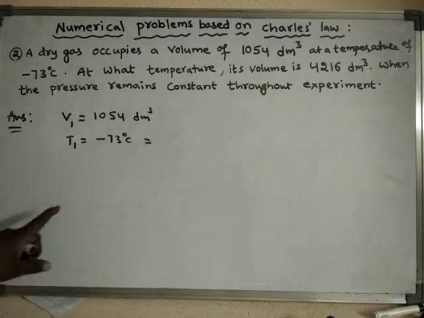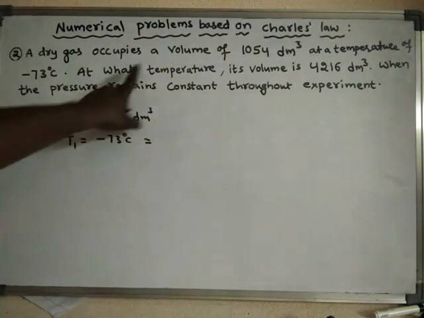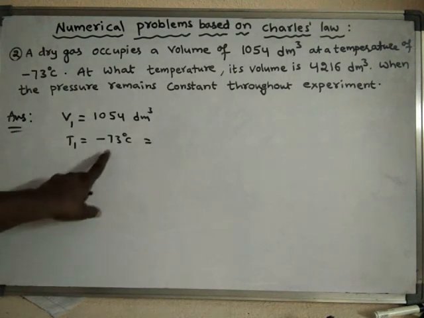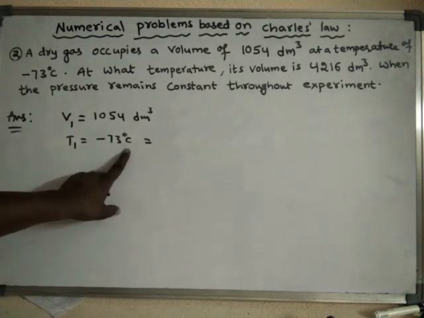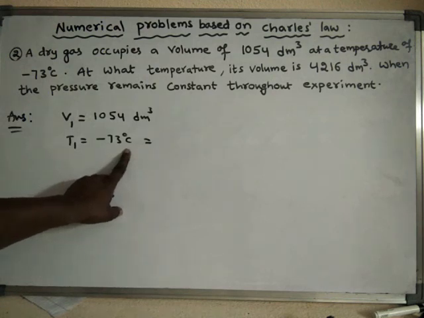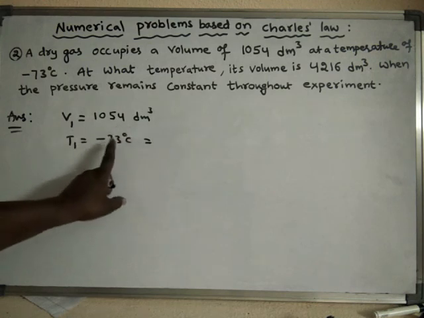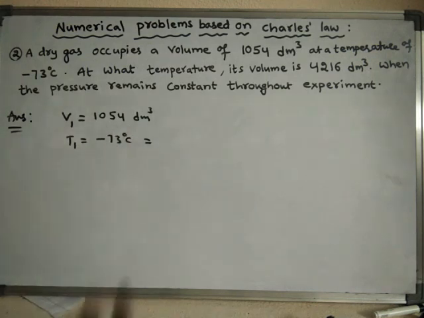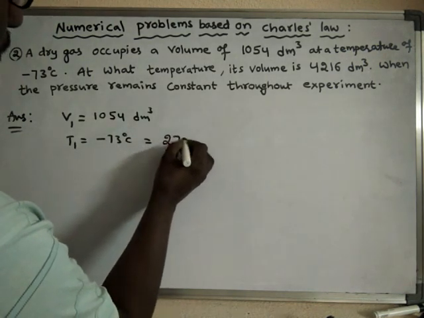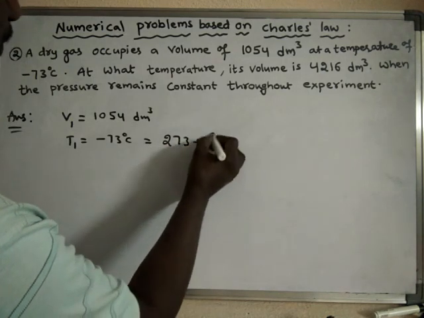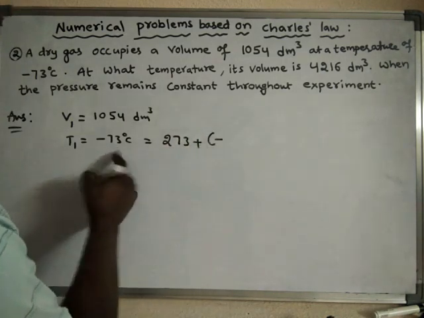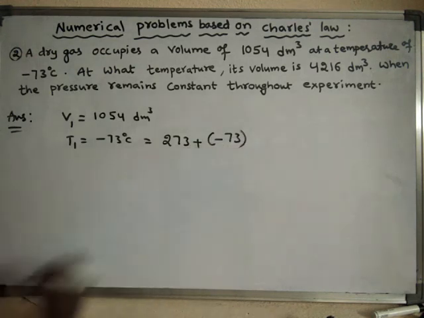Always remember that during calculations, we have to convert the degree centigrade temperature into Kelvin temperature. How to convert? Simply add 273 to this value, 73.